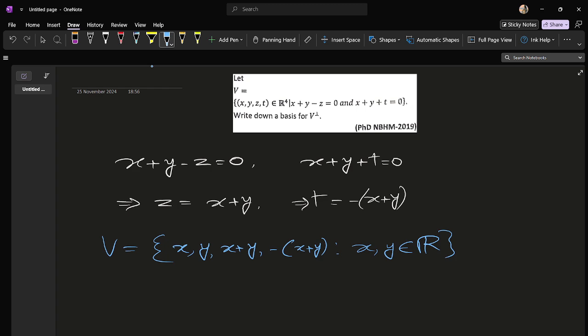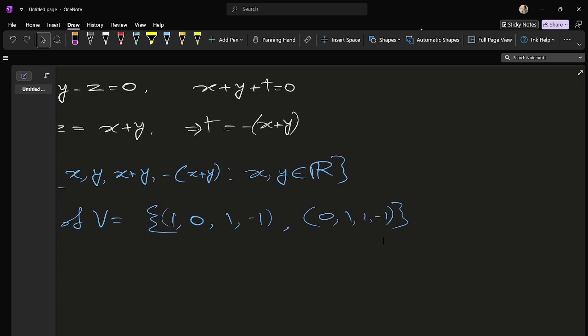So V is this, so we have to find the basis of it. If we take the common x out, then we will get the basis of it. The basis of V will be (1, 0, 1, -1) for x, and for y we will get (0, 1, 1, -1).